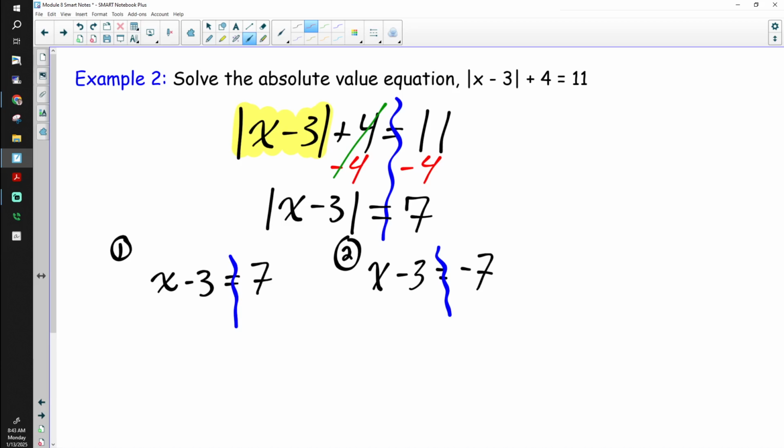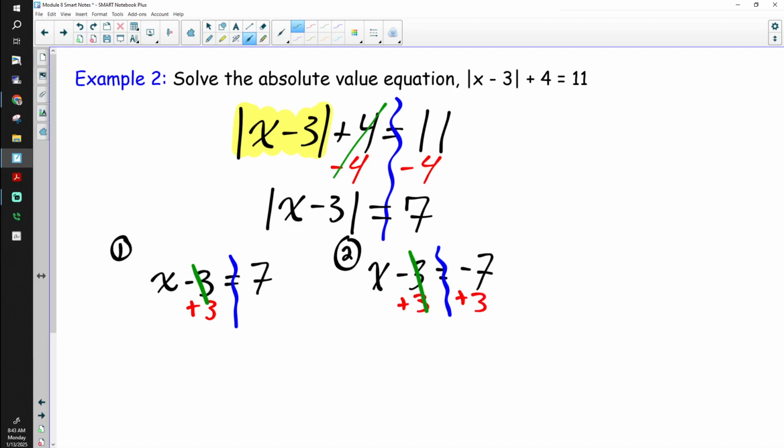What are we going to do to both of the cases? What are we going to do to both sides? Subtract the 3. Right now it's already a negative 3, so the opposite is? Plus 3. Add 3. Add 3. Our 3's die.